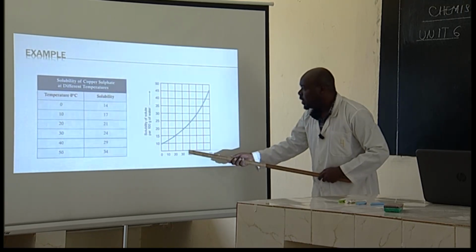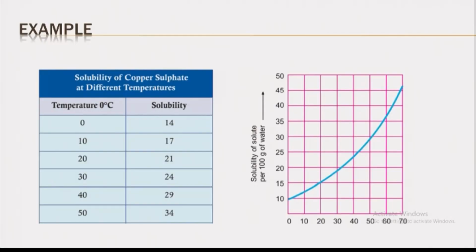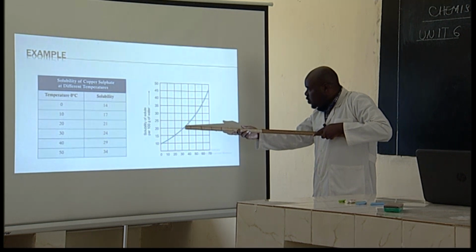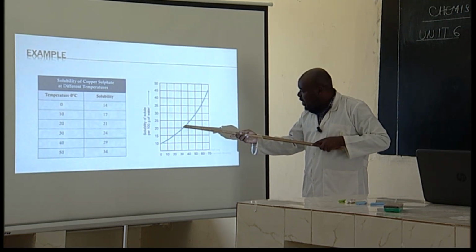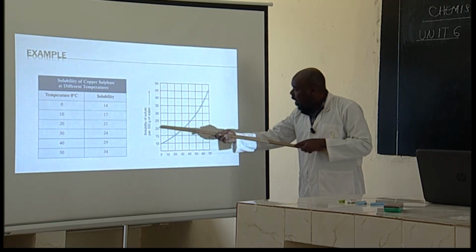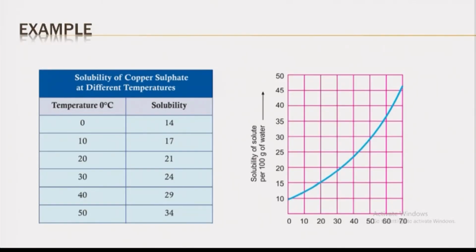If you take something like a temperature of 35, which is between these two, 35 is here, then you can find the solubility. You will use a line extending from this point up to here. So that is how we construct a solubility curve.